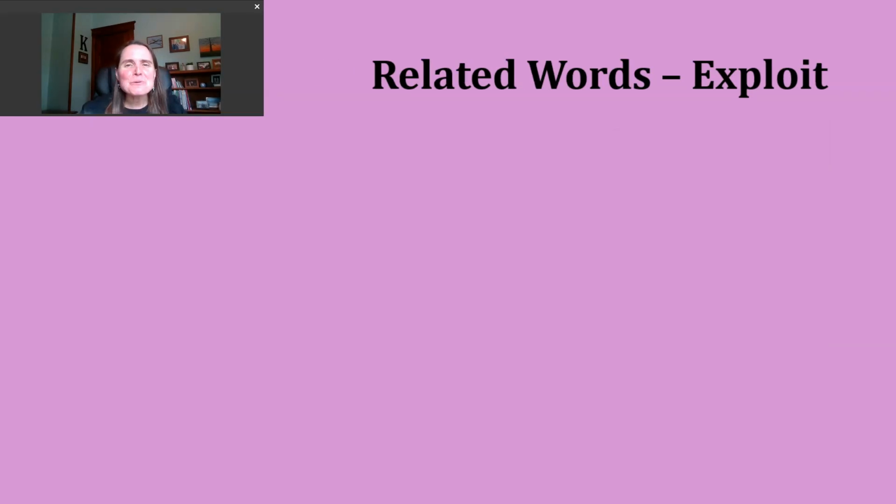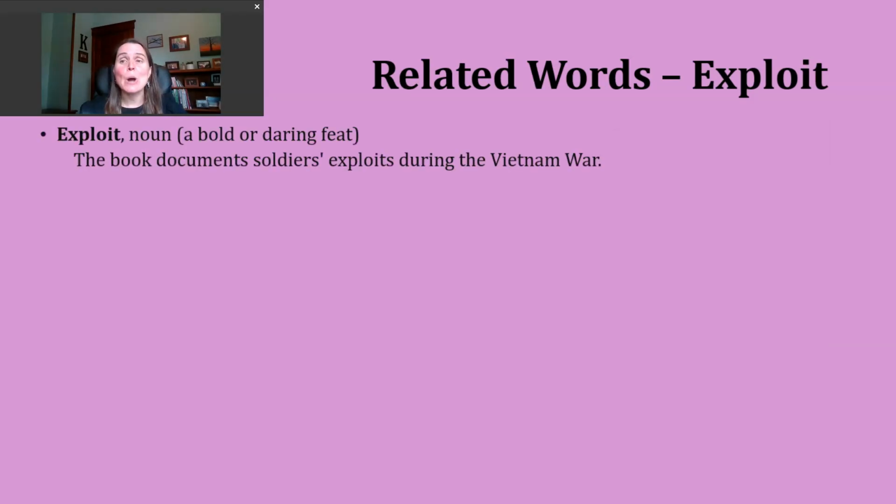Now we'll move on and we'll talk about some words that are related to our verb exploit. And we're going to start with the noun form of this word. You'll notice the noun exploit has the exact same spelling and the exact same pronunciation as our verb. When this word gets used as a noun many times, someone is referring to a bold or some kind of daring feat. An example of this.